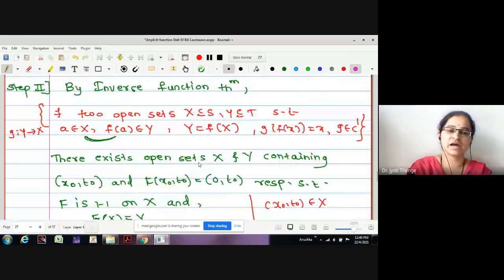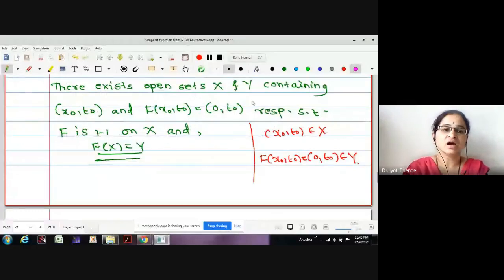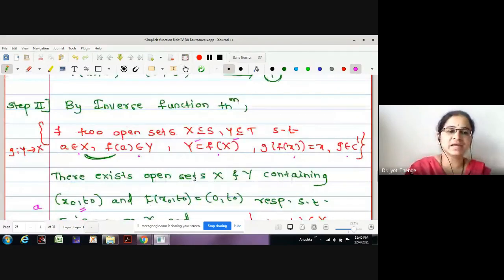I have written the statement of the inverse function theorem in short. There exist two open sets X and Y such that a belongs to X, f of a belongs to Y, Y equals f of X, g of f of x is equal to x, and g belongs to C1. Now, why am I taking a?